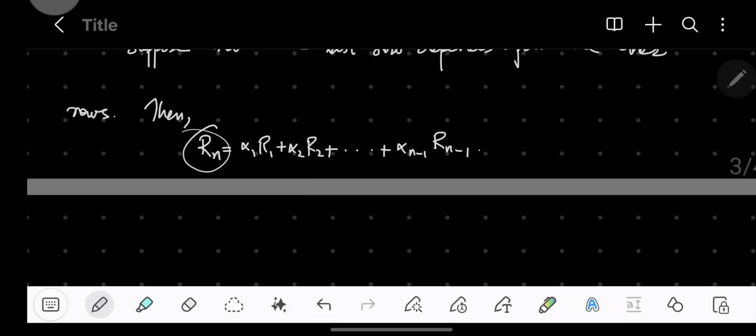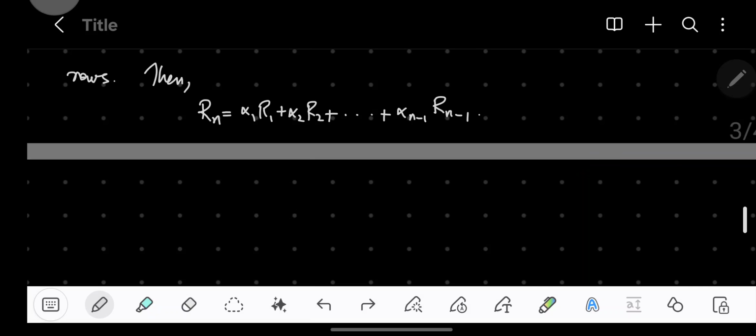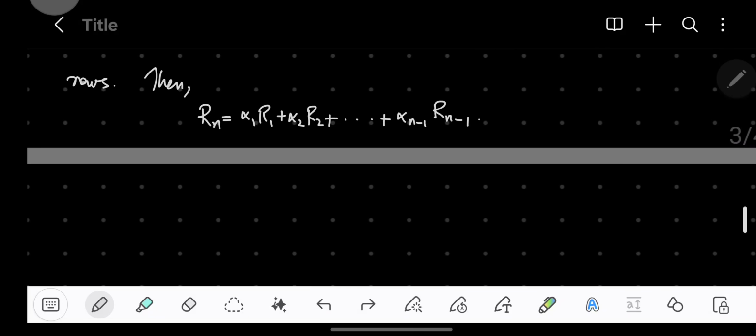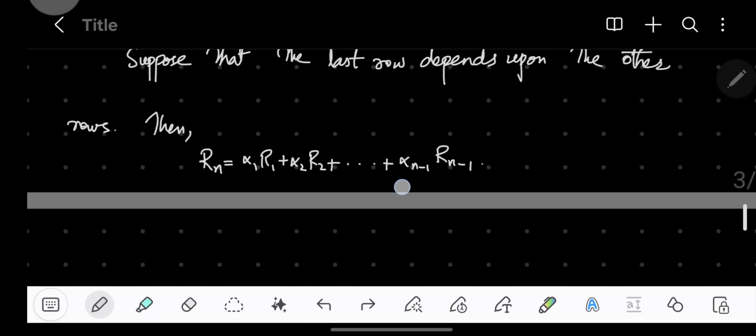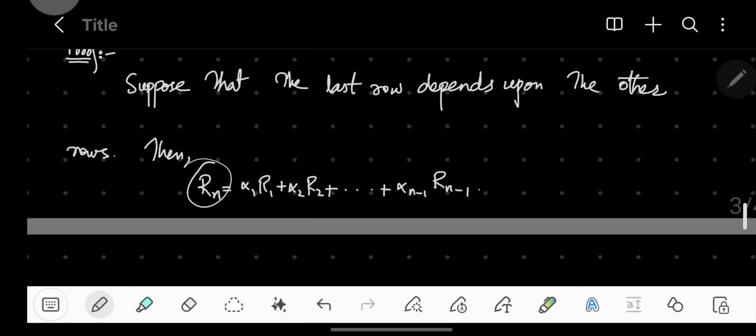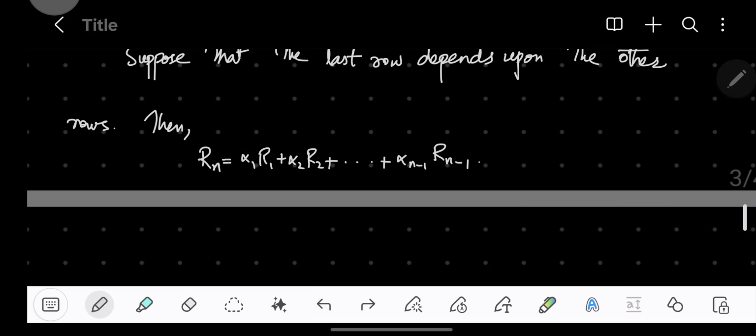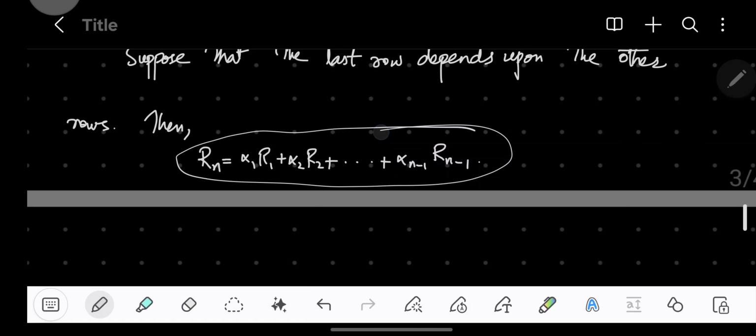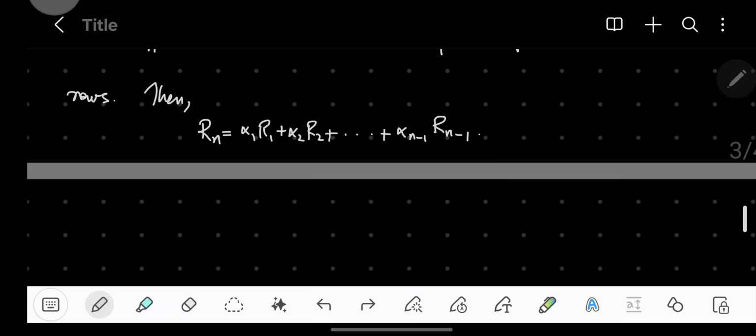So the nth row depends upon the previous n minus 1 rows with coefficients alpha 1, alpha 2, up to alpha n minus 1. This is the definition of linearly dependent rows. Since we have assumed that Rn depends upon the previous rows, we will use this to prove that the determinant of the matrix is 0.